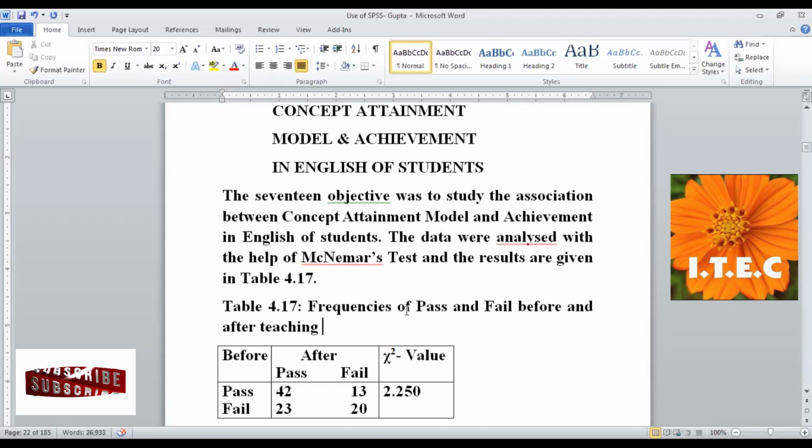What do you think should be the heading of this particular table? Frequencies of pass and fail before and after teaching is fine, but then the chi-square value should also come.